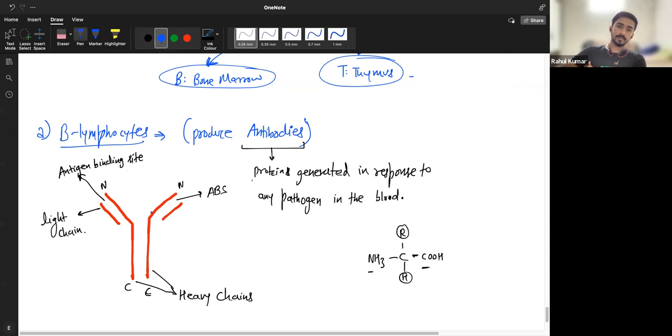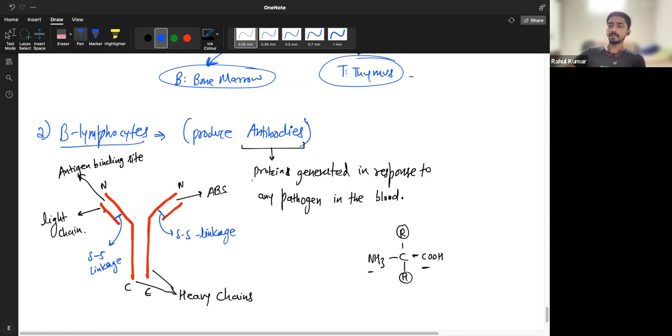Now you should remember that these two light chains are not just there, they are bound together like this. So they are bound together by sulfide linkage. Sulfur bound to sulfur. They are called sulfide linkage, SS linkage.